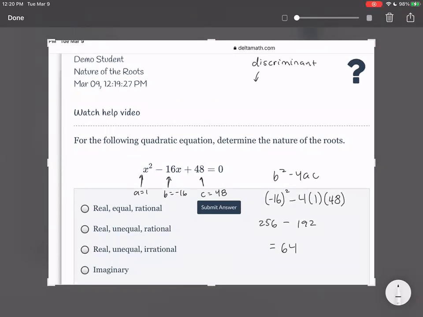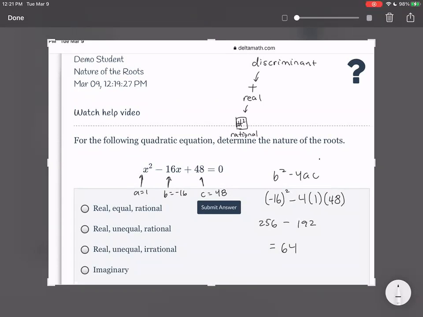So right now we got a positive number, and then we need to check if it is a perfect square or not. So 64 is 8 squared, so this is a perfect square. And if it's a perfect square, then that means it is rational.